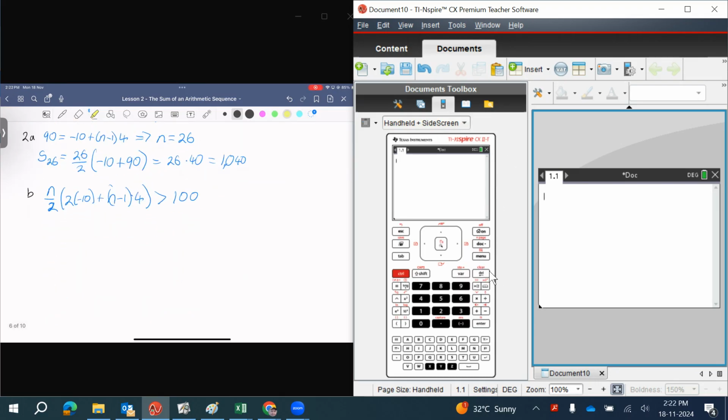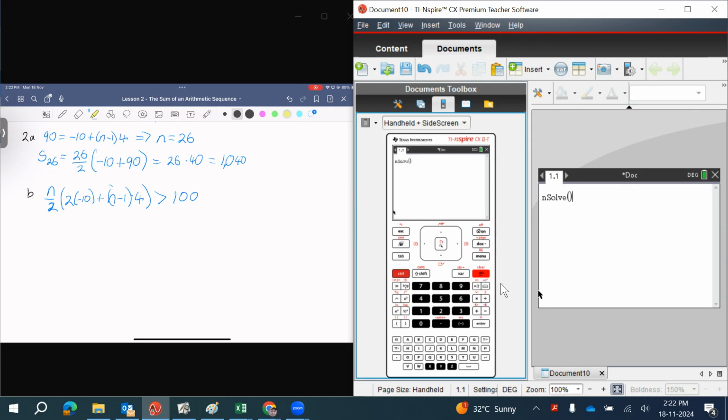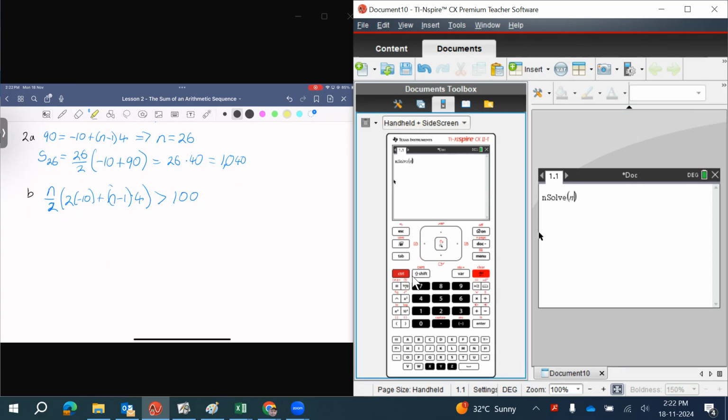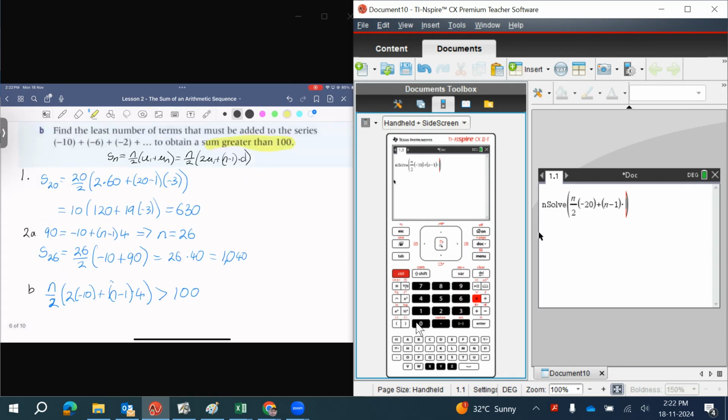So we need to put this into our algebra nsolve, and we need n over 2 times negative 20 plus n minus 1 lots of, what's our common difference? 4.